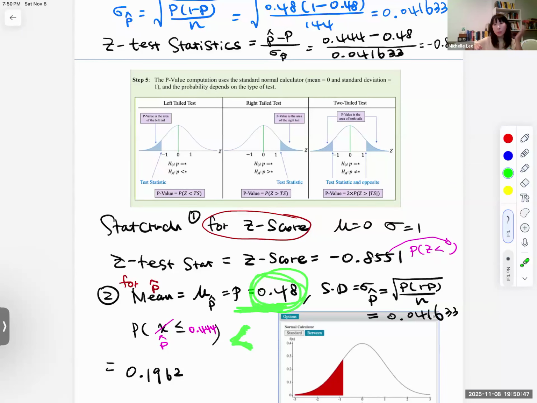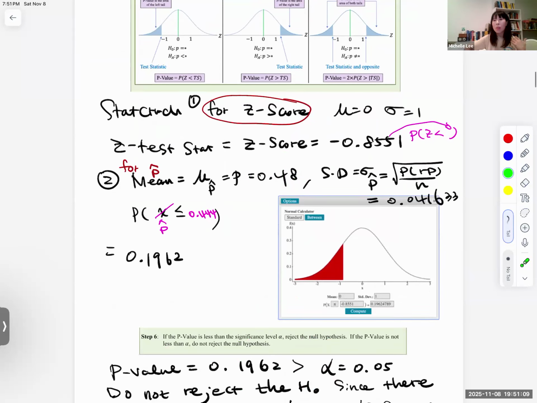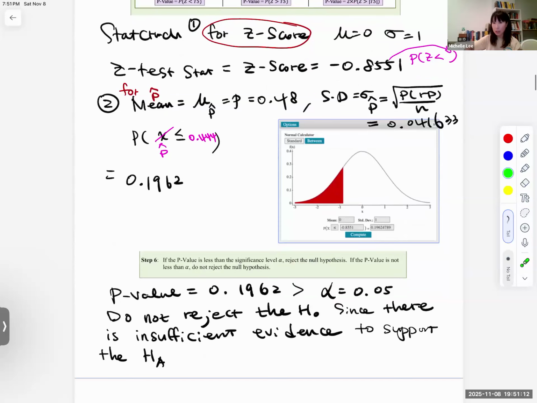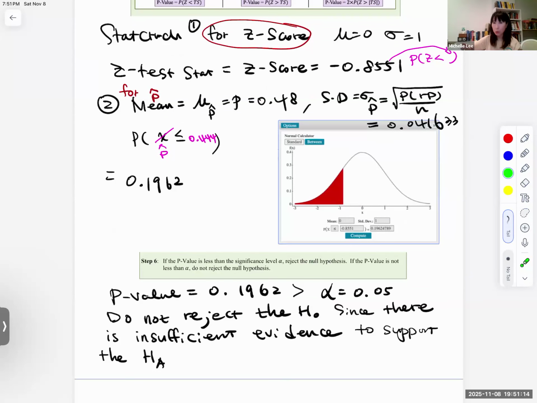The sample proportion is around 48%, 50%, 53%, 45%, or 43%. We don't get 30%, 20%, or 25%. That's why we say there is no strong evidence, insufficient evidence to support the alternative hypothesis. Make sense? Yeah, let me write that for you.